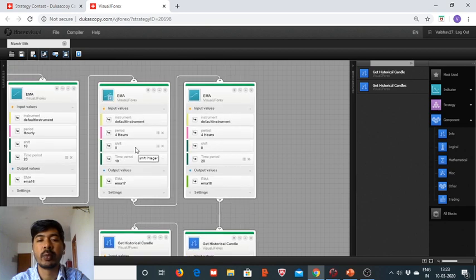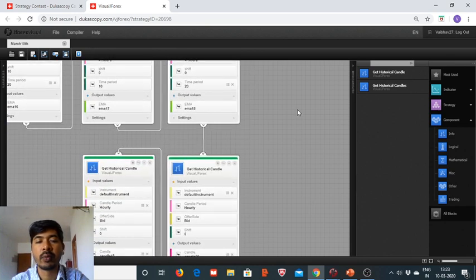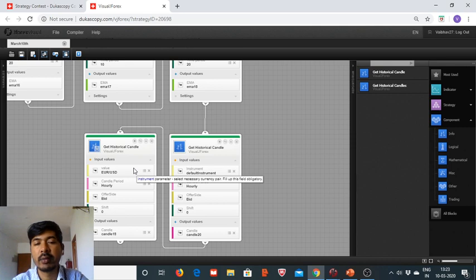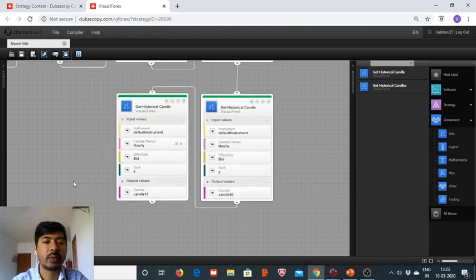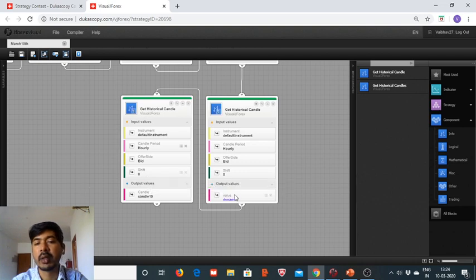So here the shift was 0, but for the historical candles we need to go back in time 1 hour and then 2 hours. So we will need to employ the shift here, and to differentiate we will name one as shift 1 and the candle 20 as shift 2. So let's make the changes.